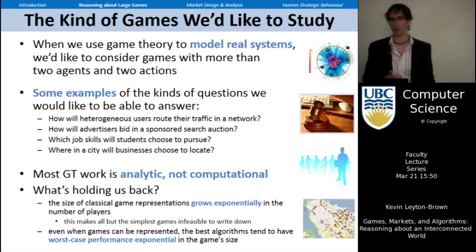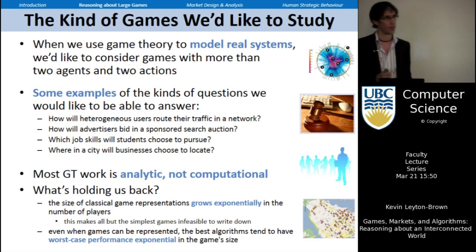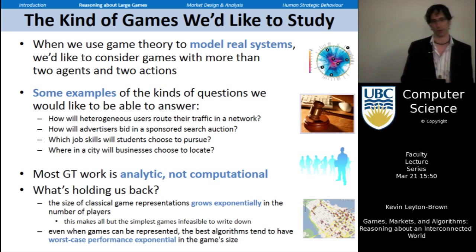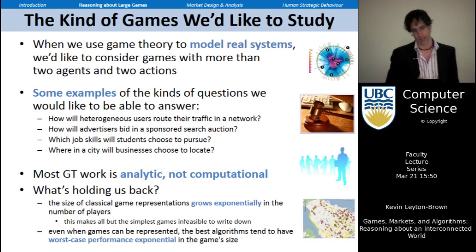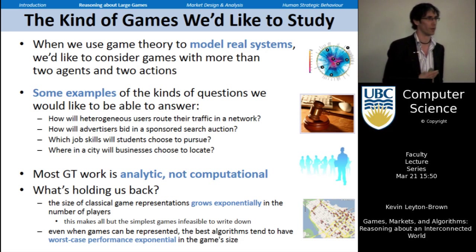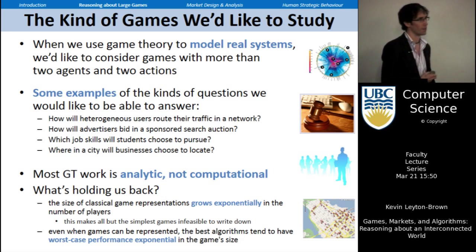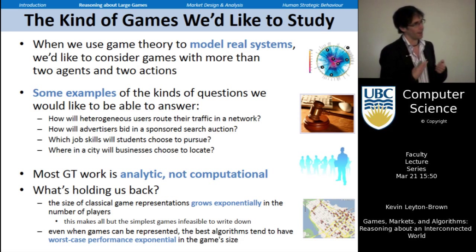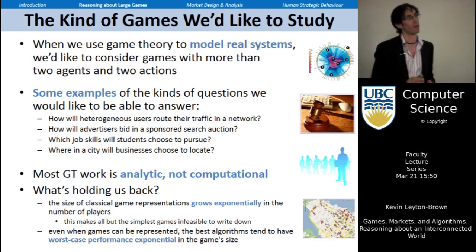It's yielded most of what we know about game theory, but there are limitations to how complex a setting you can think about that way. We sort of hit this boundary of what can be tackled analytically. Instead, I'm really interested in developing complementary approaches that reason computationally about well-defined settings and are able to give us answers back that are as game theoretically rigorous as the ones we get analytically, but which are derived computationally.